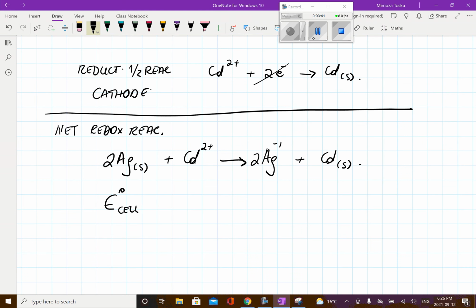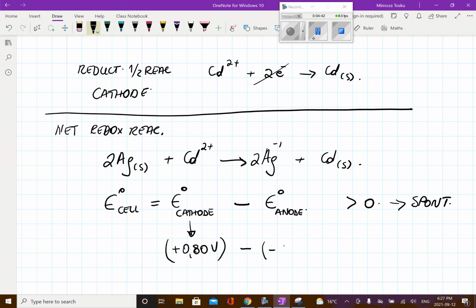In our case, from page 7 of your data booklet, what is happening in the cathode is positive 0.80 volts minus, that is from the formula, the electric potential of the anode, which is a negative 0.40 volts.